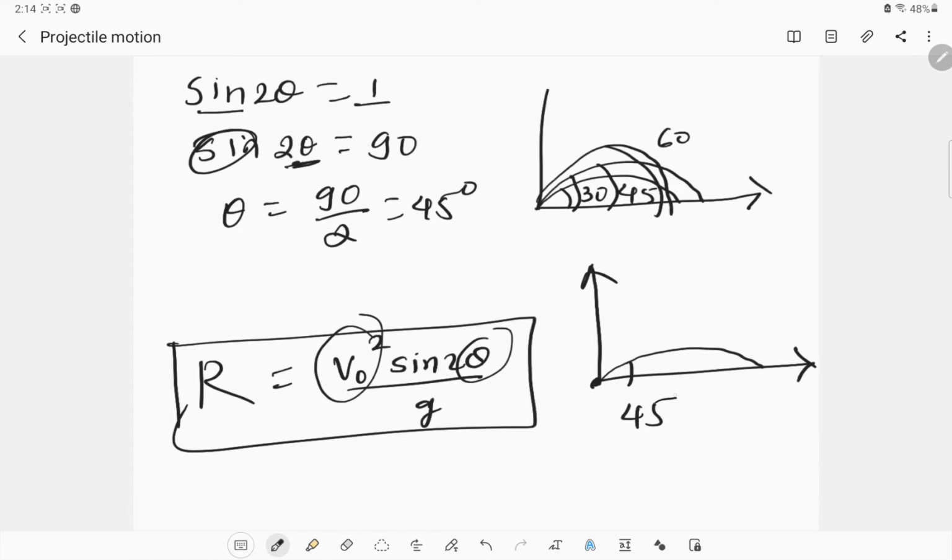That is 45 degrees with the same strength, same initial velocity. If your angle is 45 degrees, it will attain maximum range. However you put in extra force, maybe the initial velocity is a little bit more, but if your angle is something other than 45 degrees, then you cannot have maximum range.